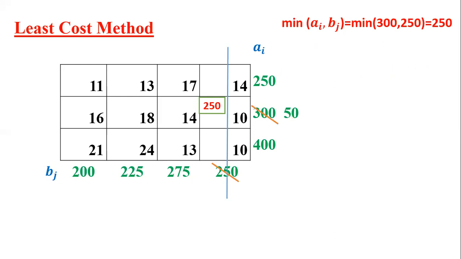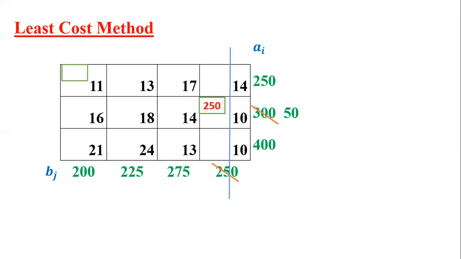Again, you have to choose the minimum cost element. The next minimum cost element is 11. You allocate at that place. Then you have to choose the minimum of ai and bj. So ai and bj are 250 and 200. The minimum is 200. You have to allocate 200 at that place.